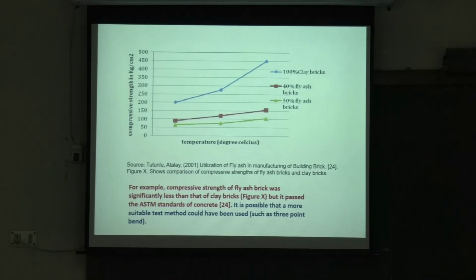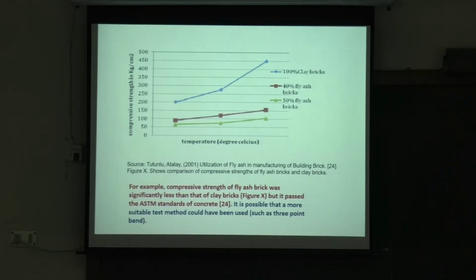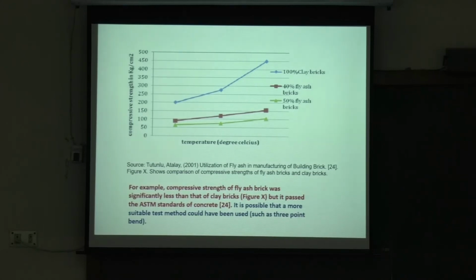It is possible that a more suitable test method could be used, such as the 3-point bend. You are familiar with 3-point bend? For compression strength, you are putting load like that. Tensile, you are pulling like that. And 3-point bend is, you have it like this. Come here, show your hand.